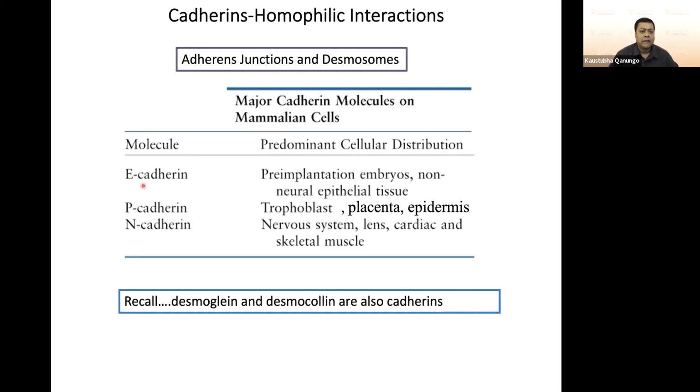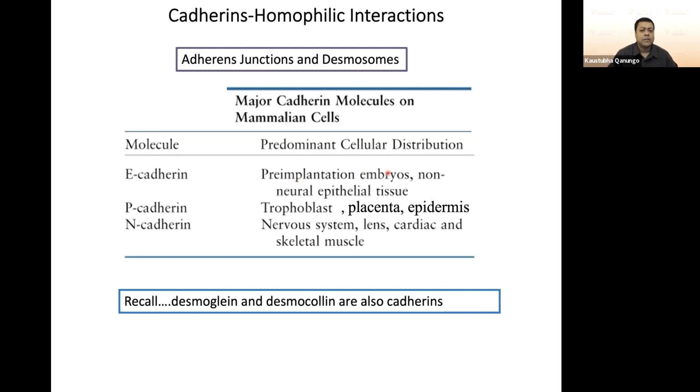So you can see that sometimes this is a little bit confusing. E-cadherin was first discovered in epithelial cells or epithelial tissue. That's the reason they are called epithelial cadherin, although the epidermis is also made up of epithelium. But they're also found in the pre-implantation embryos. Remember that.